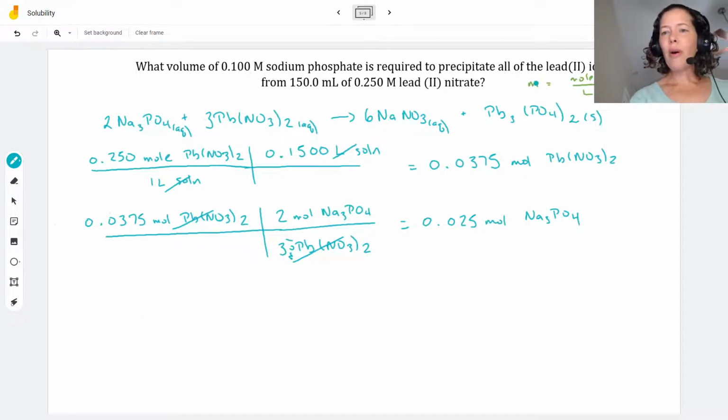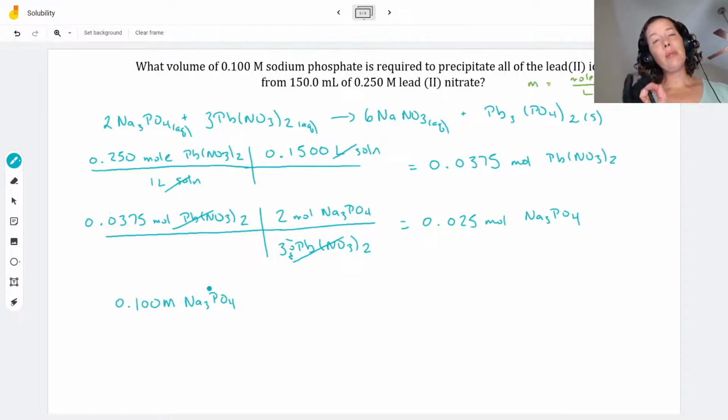So I know my concentration is my 0.1 molar. Again, this is my sodium phosphate. With all of these problems, make sure you're really specific with your units. You don't want to just be writing down moles, because you can see I've got moles of different compounds.